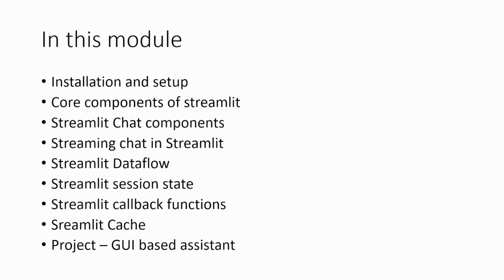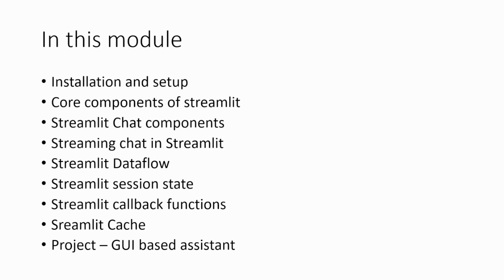We will also look into callback functions and caches, and finally we will build a project which is a GUI based assistant. So far, whatever we created was mainly in Google Colab. We created a blog writer using a Wikipedia article.